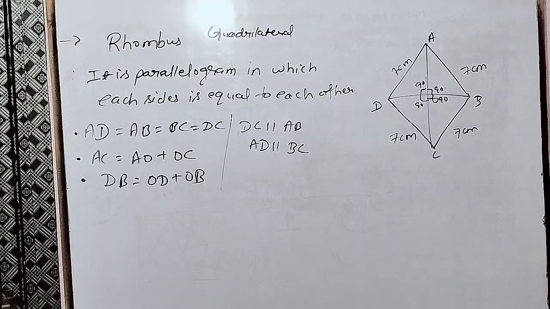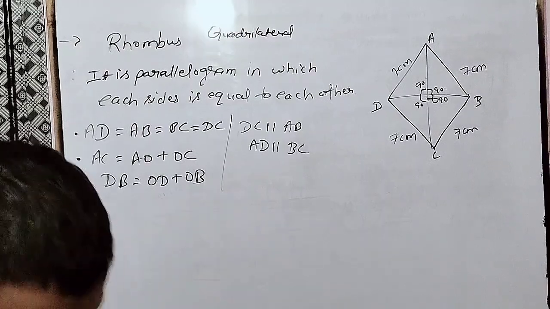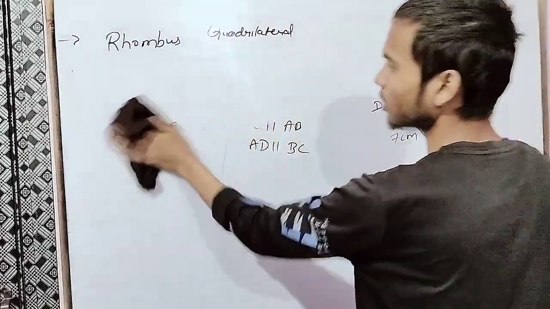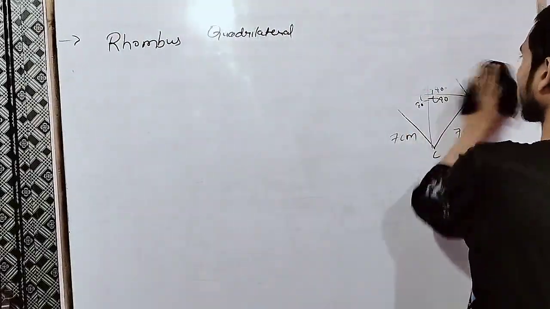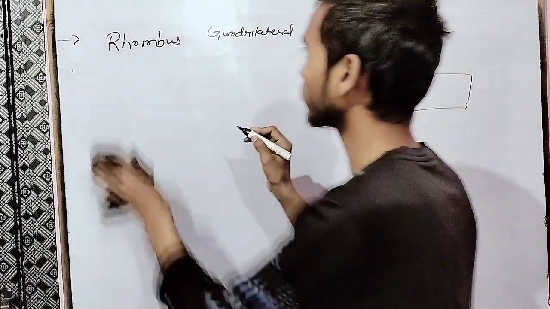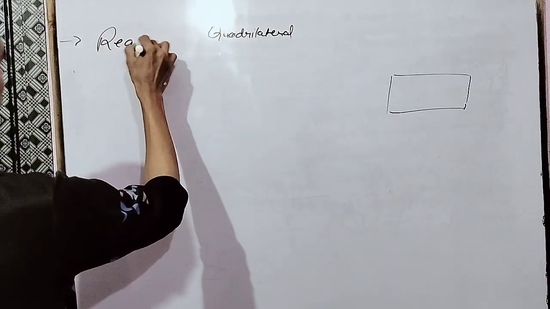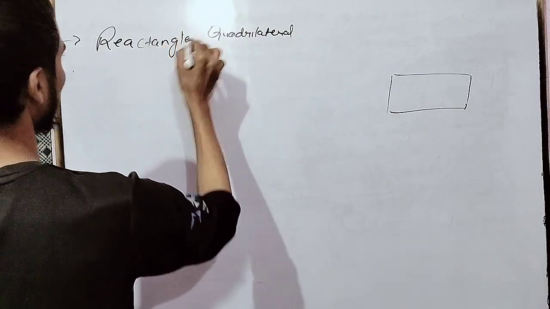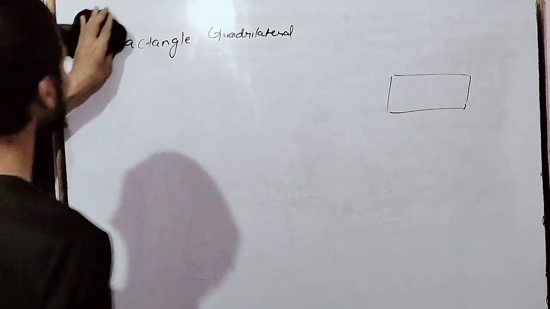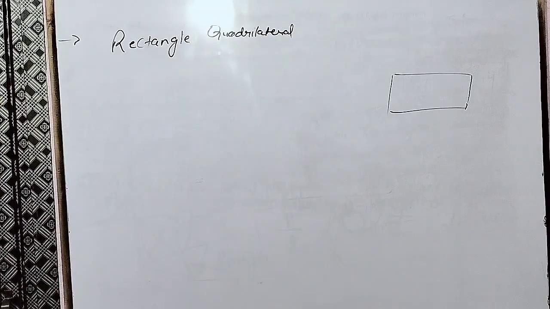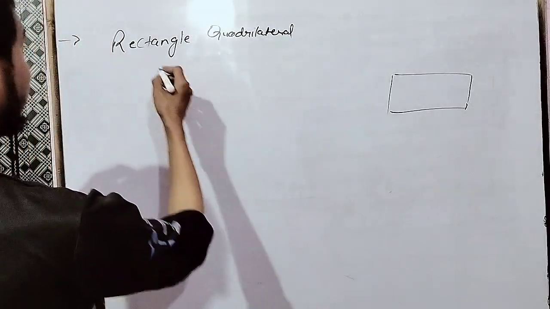Now, the rectangle. The rectangle quadrilateral, in which we see two pairs of parallel sides. Remember, rectangle quadrilateral.